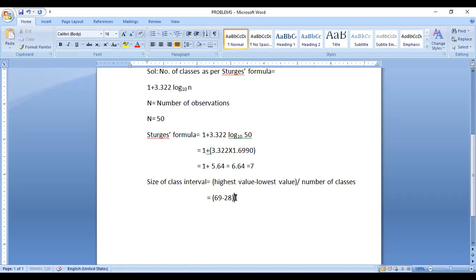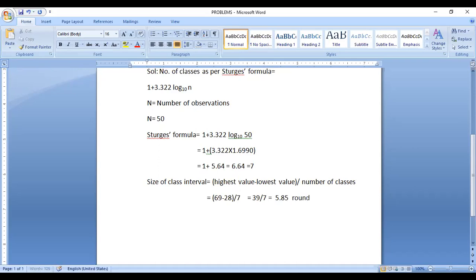So by 7. So it is equal to 69 minus 28 is equal to 39, by 7. So it is equal to 39 by 7 is equal to 5.85.